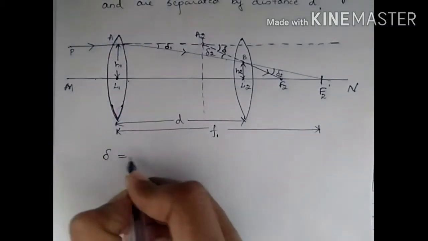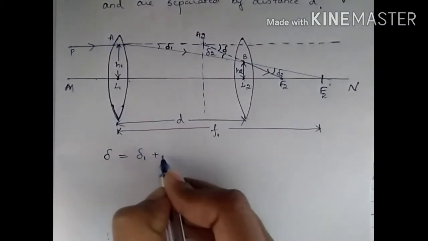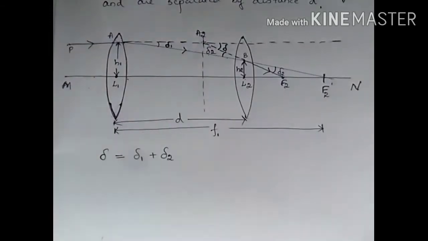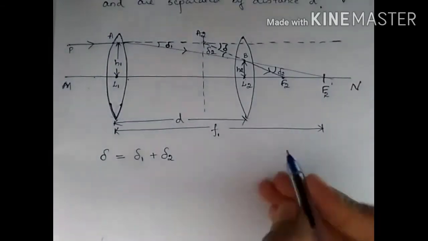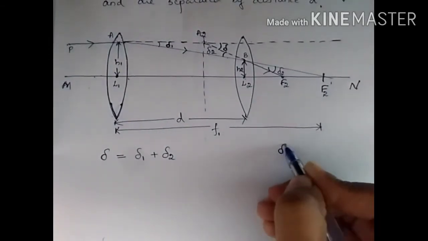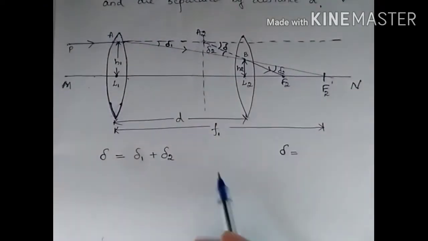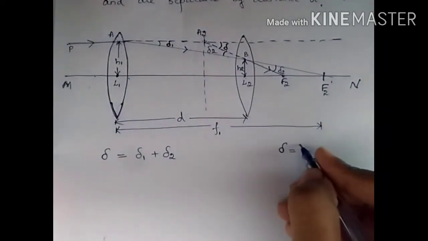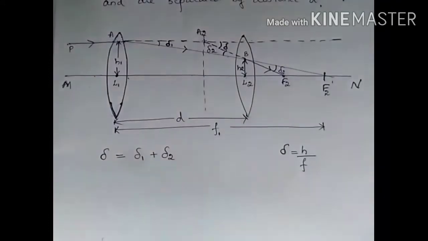So delta equals delta 1 plus delta 2. But we know that in general deviation can be given as height divided by focal length. So h divided by f in general gives the deviation.